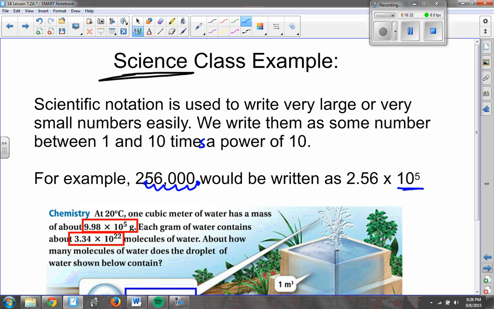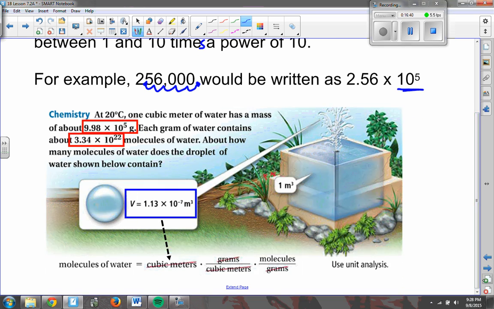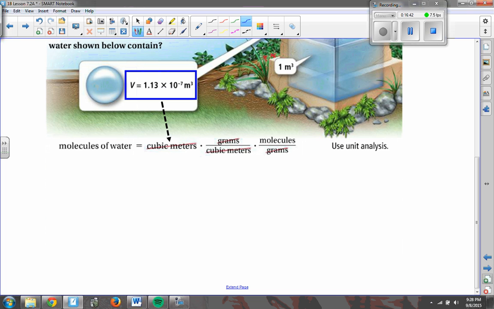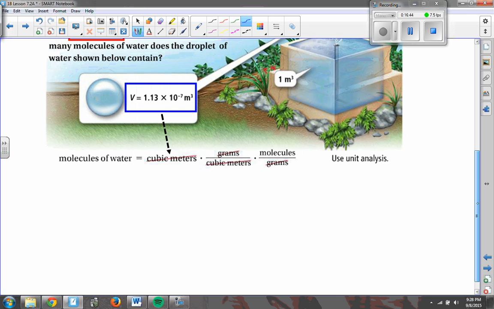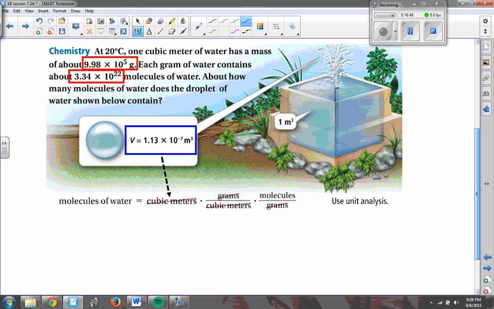All right? So now if you will look with me, please, at the middle of page 427, you should see this example right here. It is about water molecules and how many water molecules there are in a certain space of water.